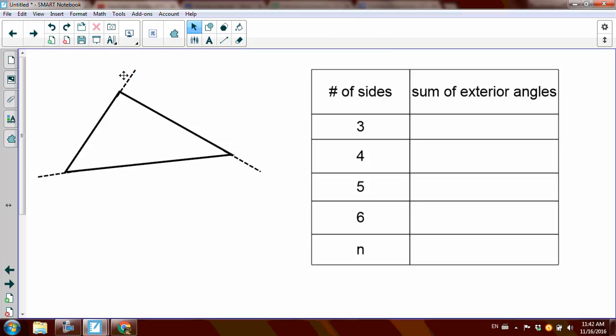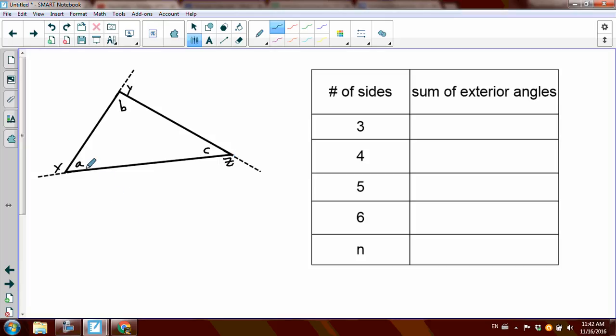Okay, so I've got 3 interior angles and 3 exterior angles. Let's call the interior angles A, B, and C, and we'll call the exterior angles X, Y, and Z.